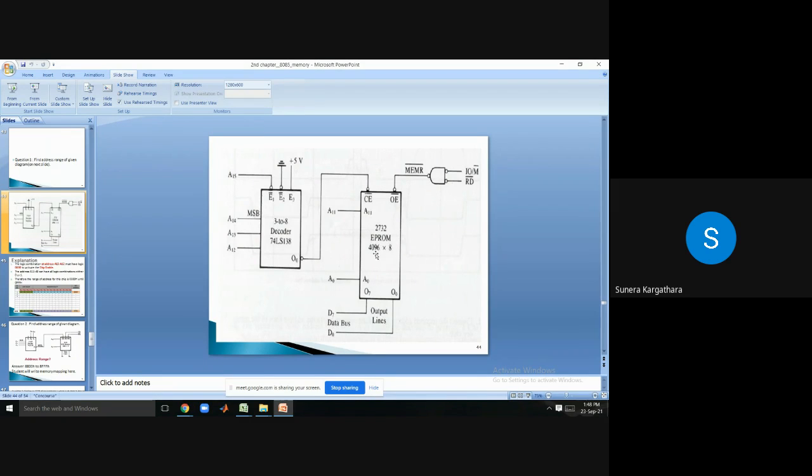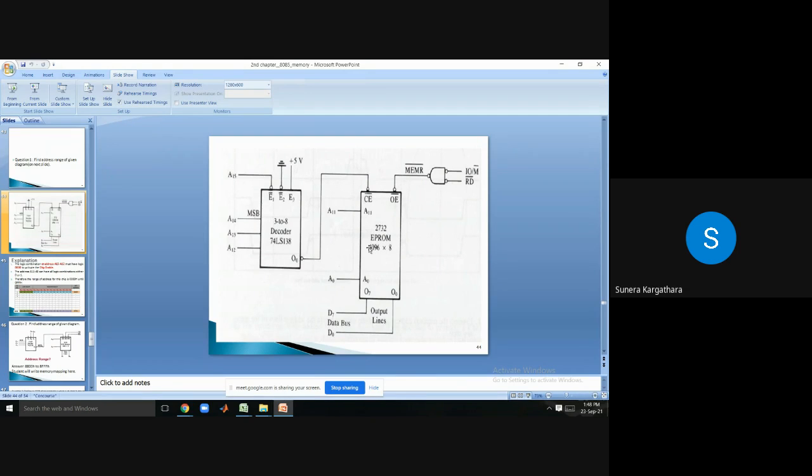4096 means 4 kilobytes of memory that you want to interface with your microprocessor. Each memory location contains how many bits? How many bits of data can you store on one location? Generally memory is represented as M cross N. M is the capacity of memory, how much data you can store: 2 kilobyte, 4 kilobyte, 8 kilobyte.